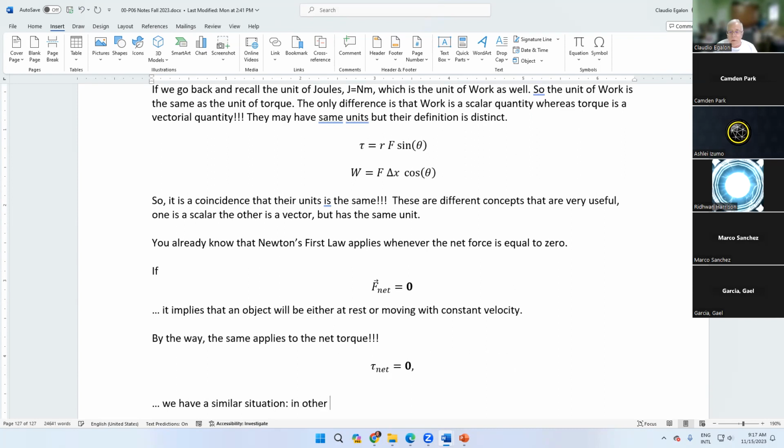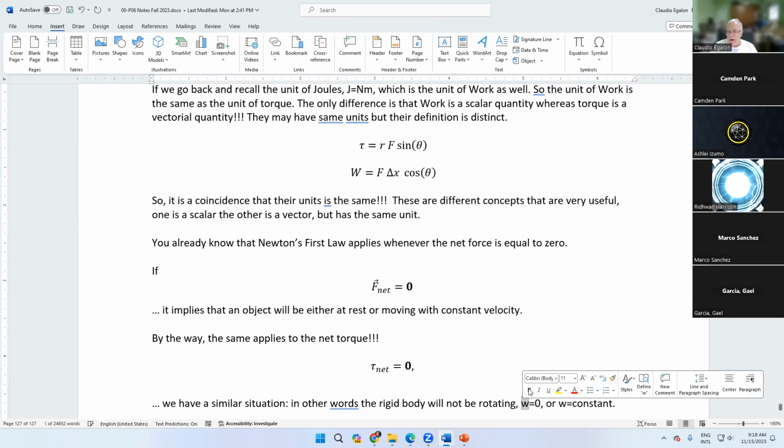In other words, the rigid body will not be rotating. In other words, omega must be equal to 0, or omega is going to be a constant. That's Newton's first law for a rigid body.